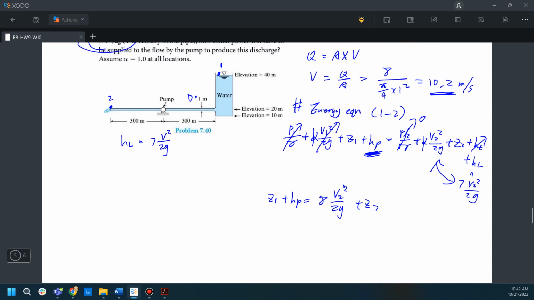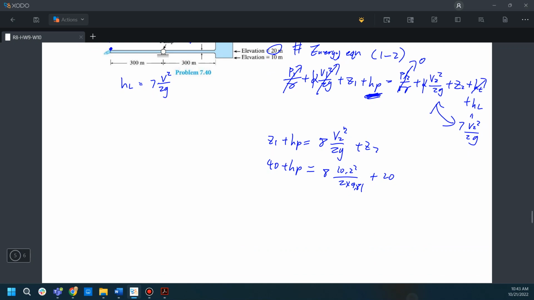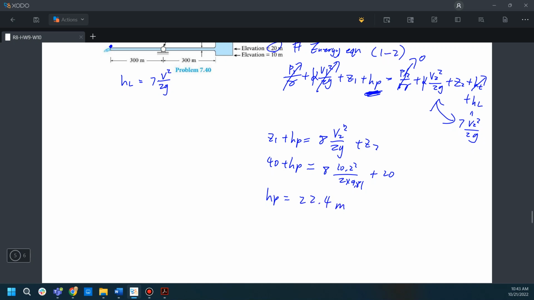Z1 is 40 plus HP equal to 8 V2, that is 10.2 squared divided by 2g, g is 9.81 meter per second squared, plus Z2. Z2 is 20, because 20 here, 40 here. Okay, so we can solve that HP is 22.4 meter.